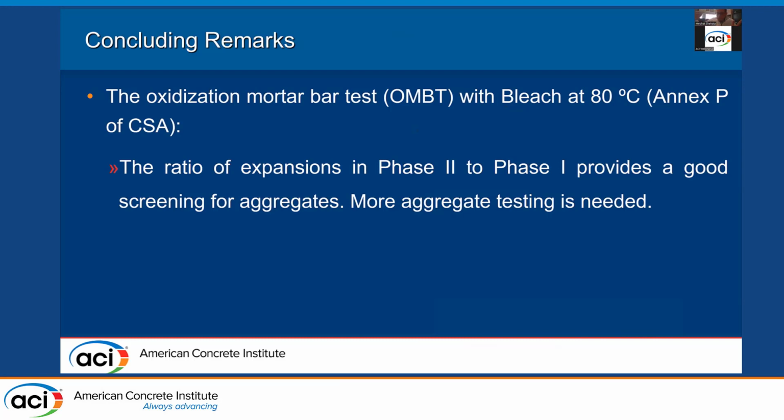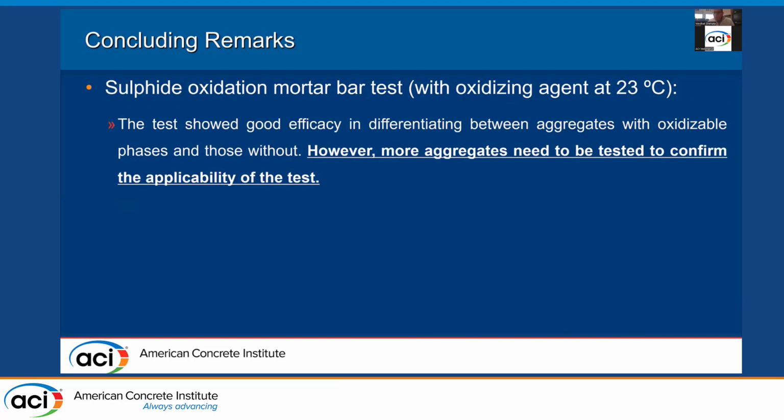With more testing coming, it might prove to be correct or not. We need to do more testing. And then the other mortar bar test in lime water shows clear discrimination between sulphide-bearing and non-sulphide-bearing aggregate. It's just the expansion was on the low side. I believe we need to test more aggregate before coming to a conclusion.